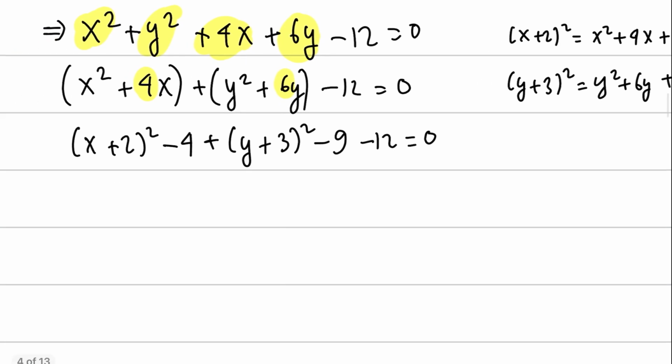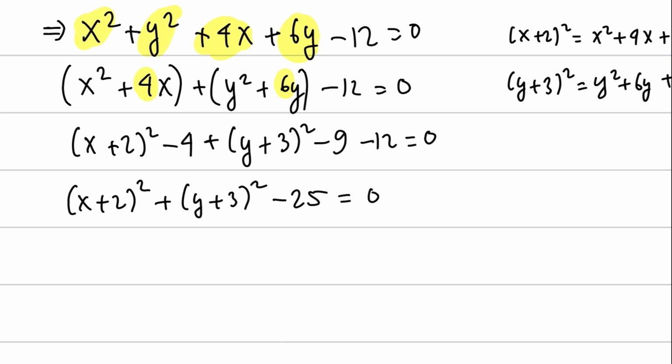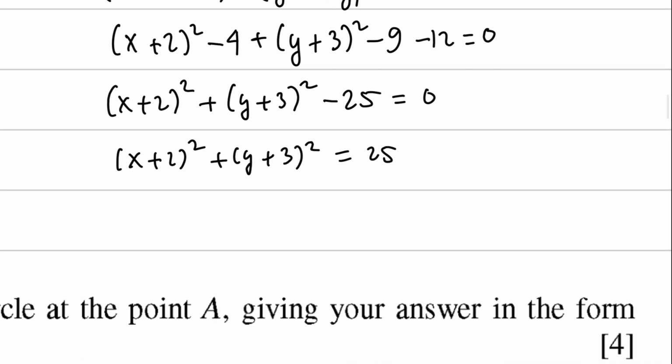Now from here, we collect the squares: x plus 2 squared plus y plus 3 squared, and then we just calculate this. Minus 4 minus 9 minus 12 becomes minus 25 equals 0, and then we can move the constant to the right. So here is the completed square form of our circle equation, and we compare with the formula x minus a squared plus y minus b squared equals r squared.